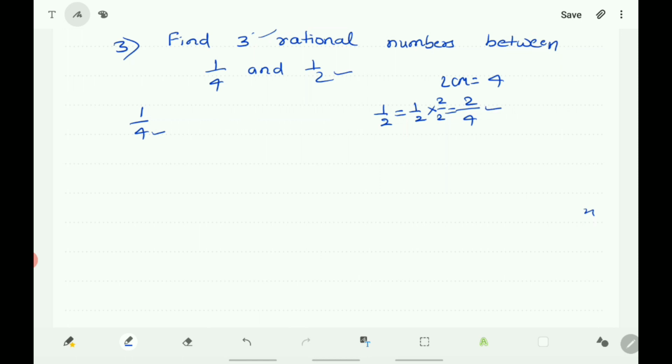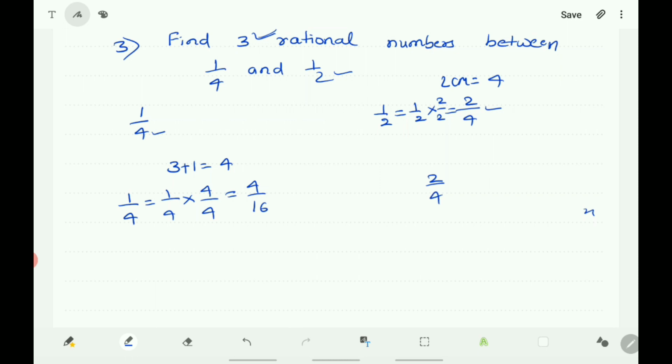Next, here we have to find 3 rational numbers. So you take 3 plus 1, that is 4. So you consider the first one, 1 by 4, and you multiply both numerator and denominator by 4. Then it becomes 4 by 16. Then you take 2 by 4 here.